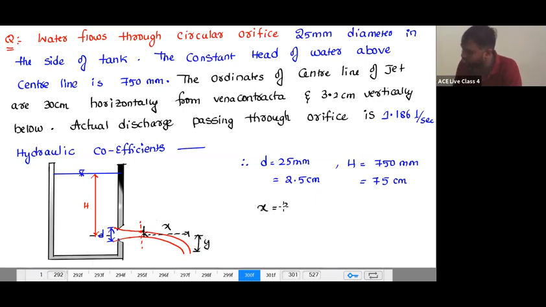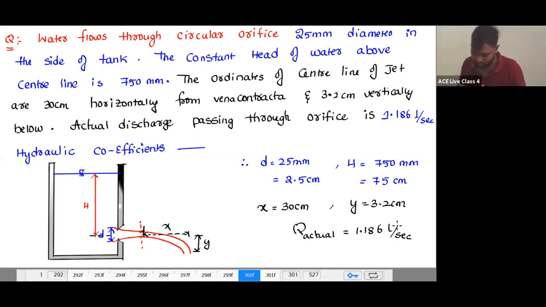So given x is 30 centimeters and y is 3.2 centimeters, and the actual discharge passing is 1.186 liter per second.